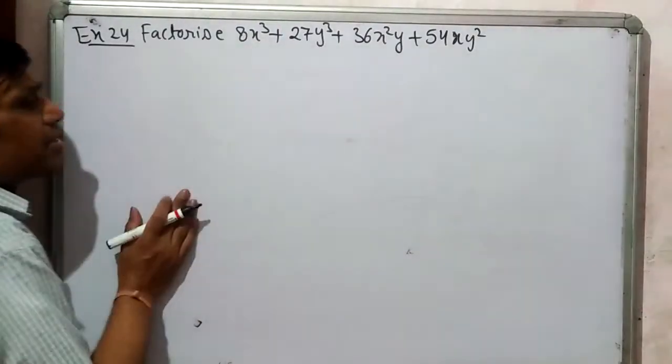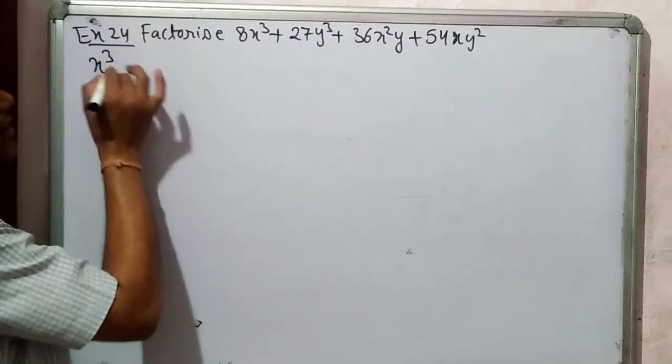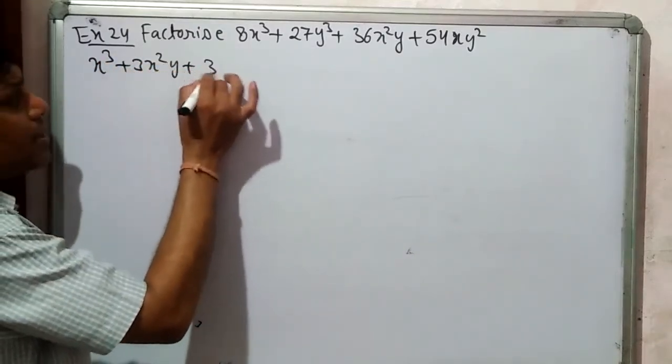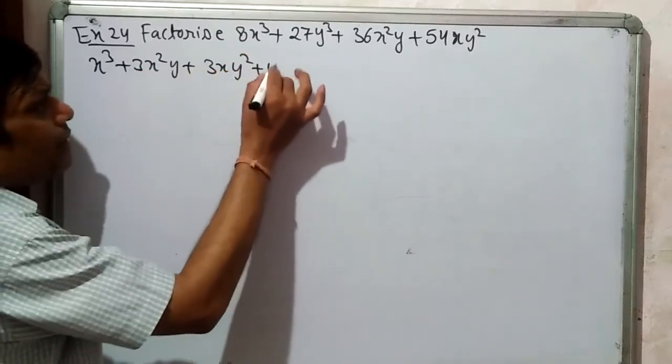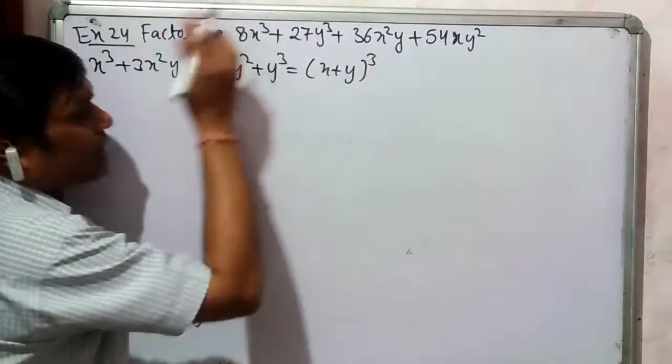Since all the positive signs are there, it should be (x plus y) whole cube. So we can write this as x cube plus 3x square y plus 3xy square plus y cube. This is what we know as (x plus y) whole cube.